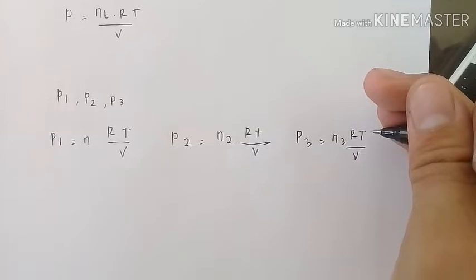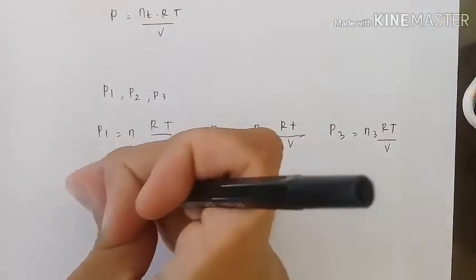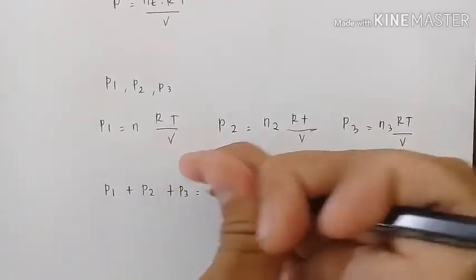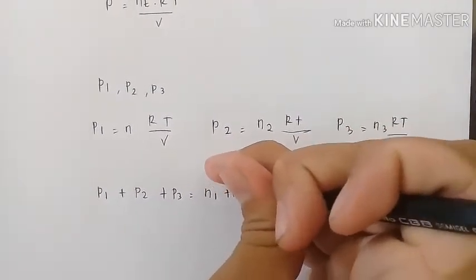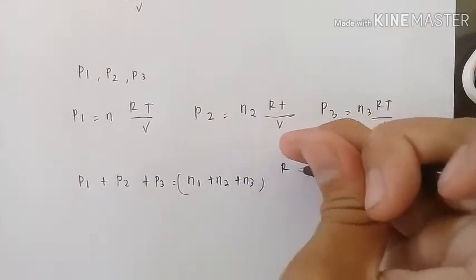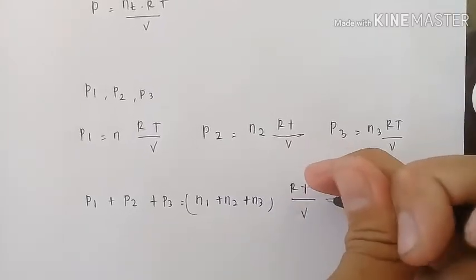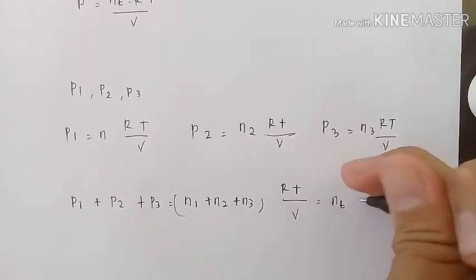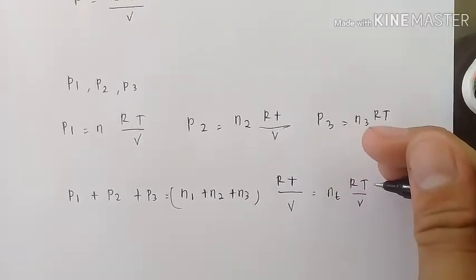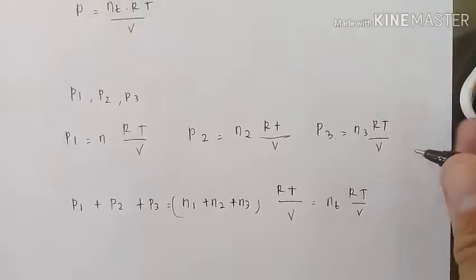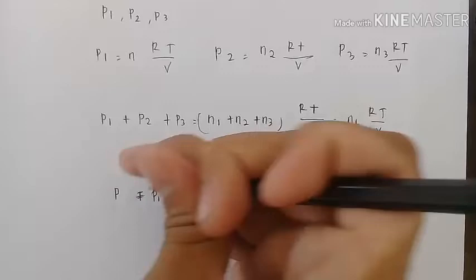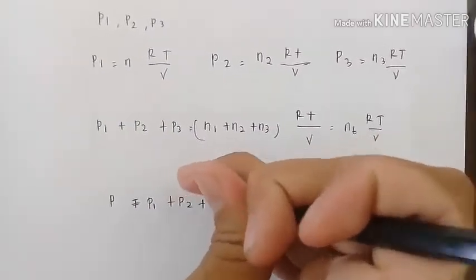Adding these equations, we obtain P1 plus P2 plus P3 equals (n1 plus n2 plus n3) RT per V, and that is n total RT per volume.